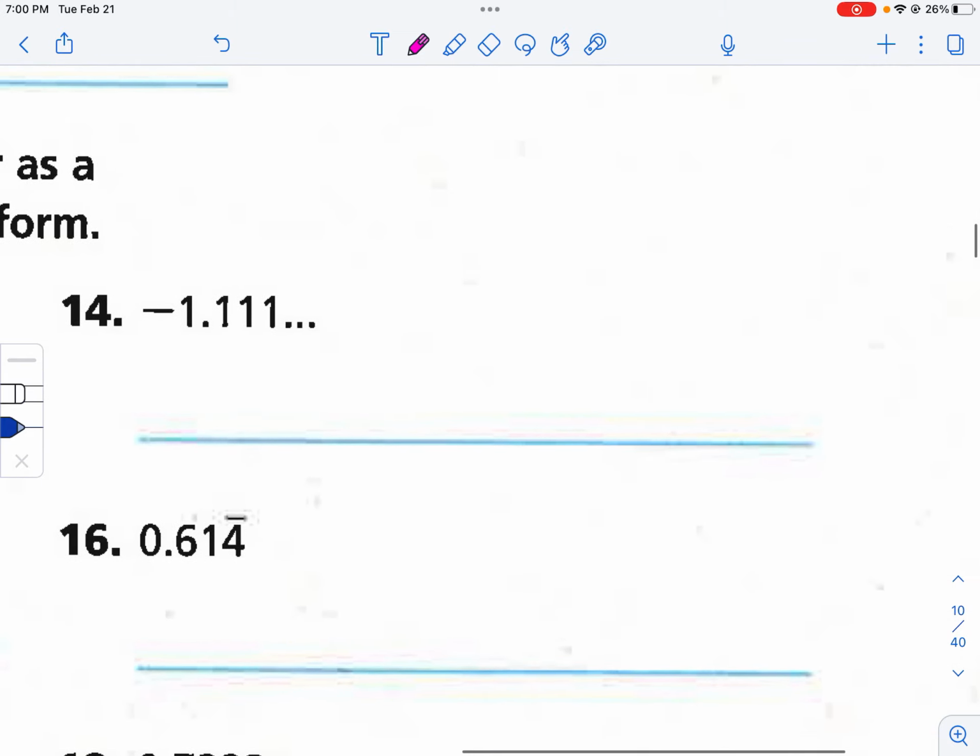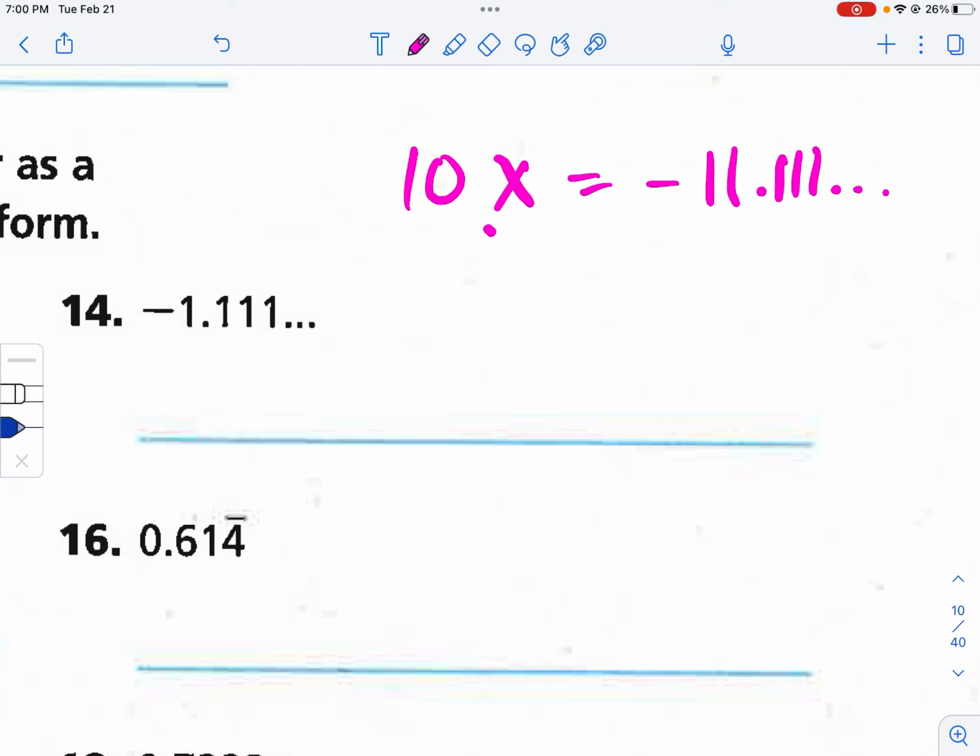Then this one. So multiply by 10 equals negative 11.111. Then x equals negative, nope, not 0.111, 1.111.